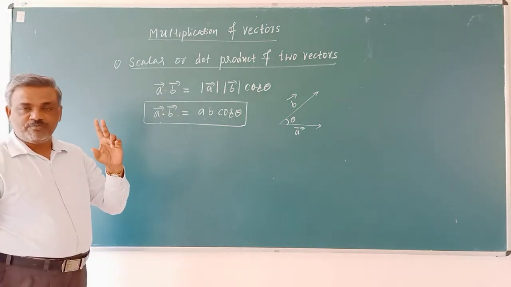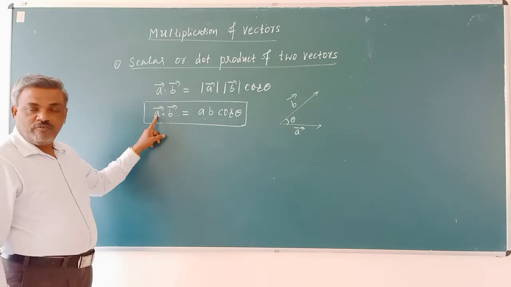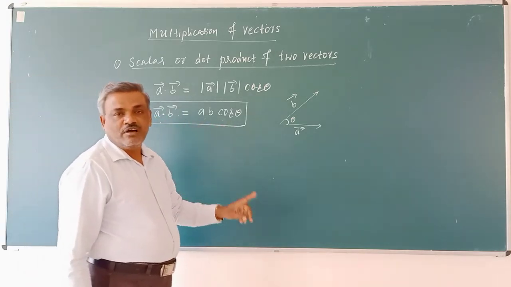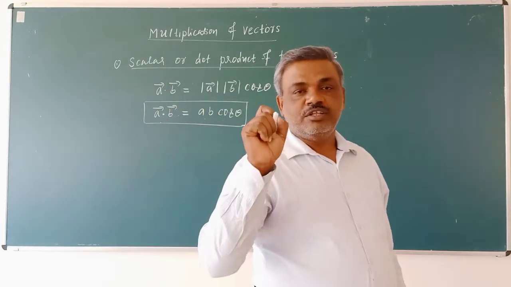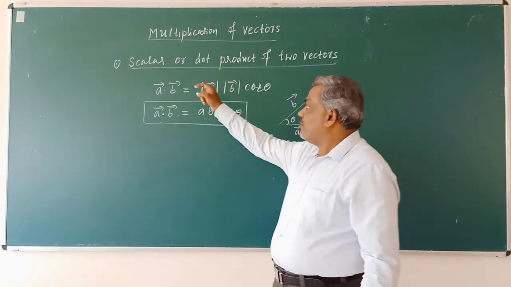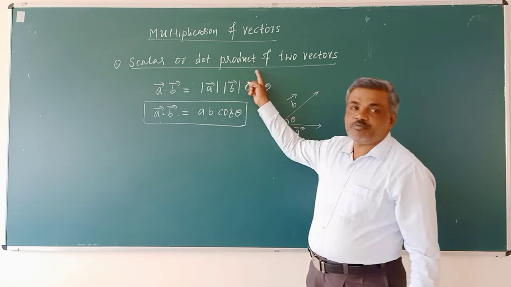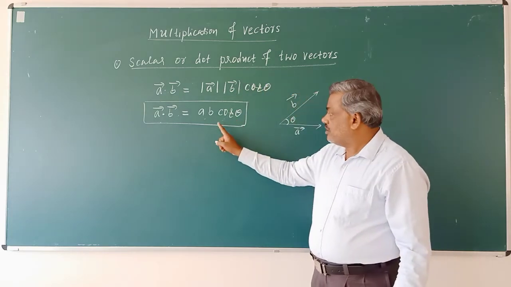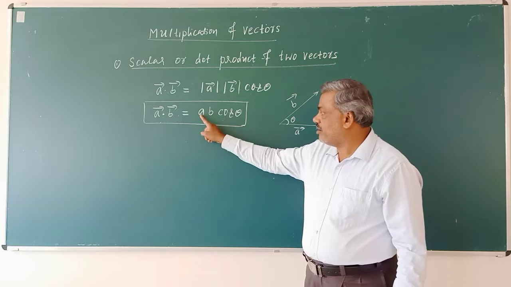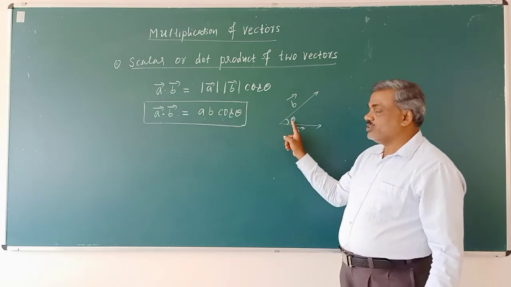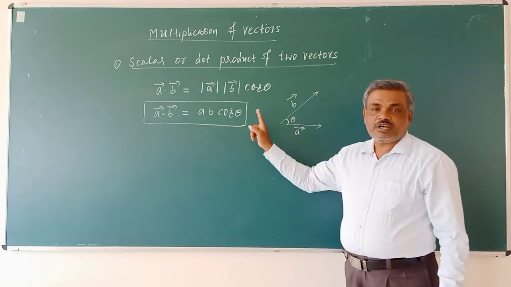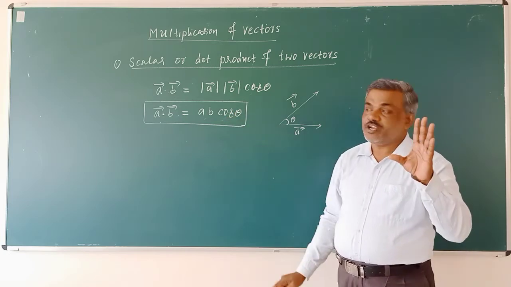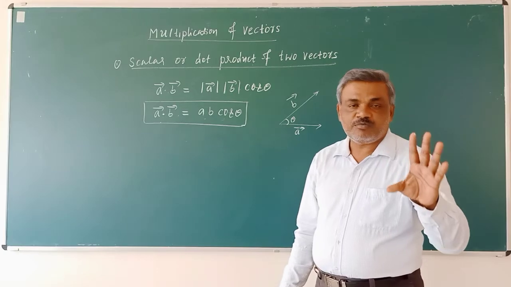Students, observe this mathematical formula carefully: vector A dot vector B equals AB cos theta. This equation shows the statement of the scalar or dot product. The scalar or dot product of two vectors is the product of the magnitudes of the two vectors and the cosine of the angle between them.